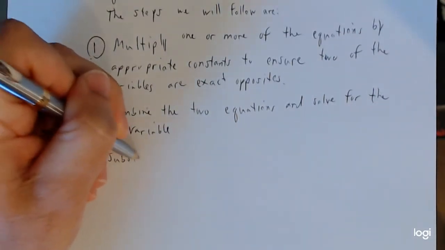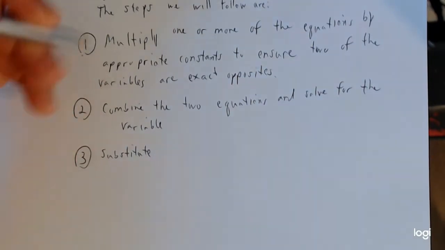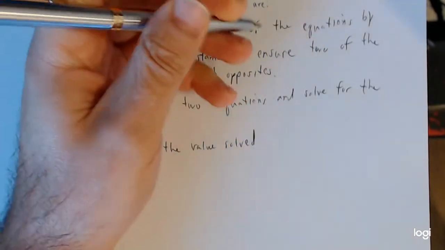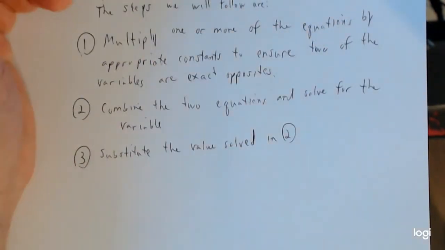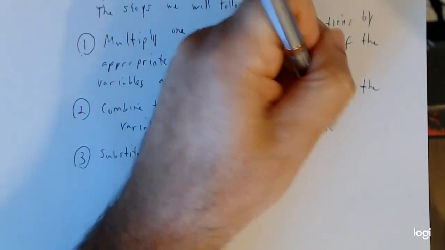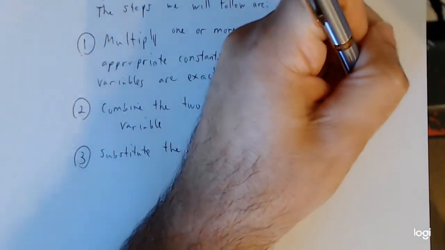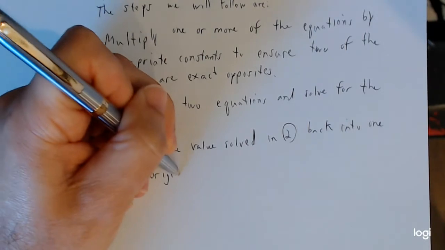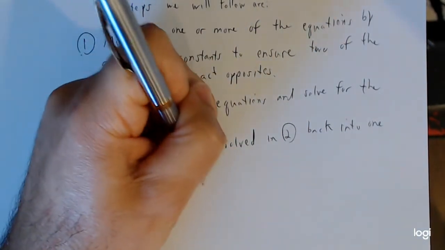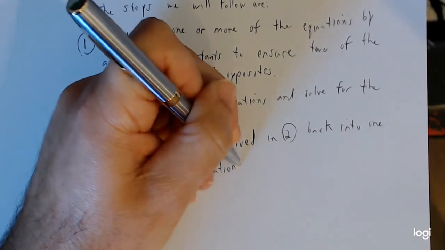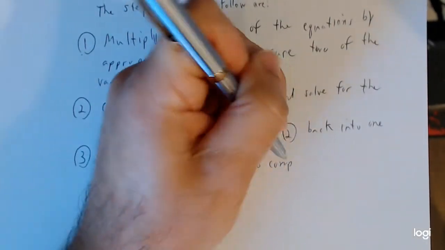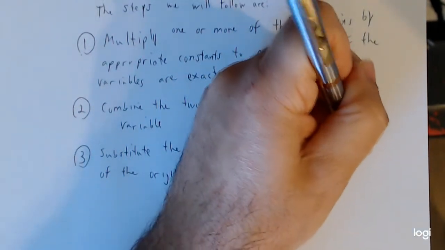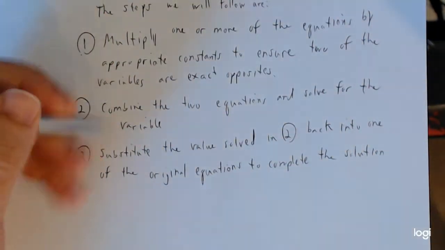So we would say substitute the value solved in step 2 back into one of the original equations to complete the solution to the system.